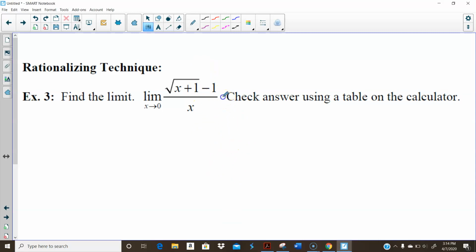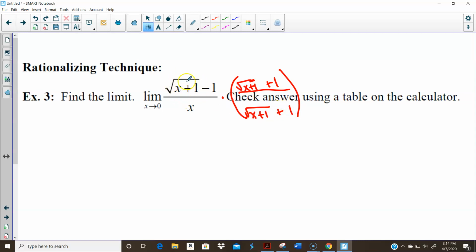So here is a new method, and this is to multiply the top and bottom of this fraction by the conjugate. So the conjugate is the square root of x plus 1 plus 1.